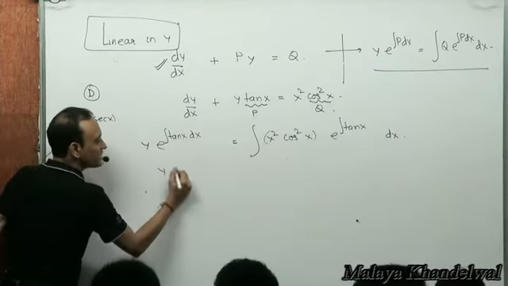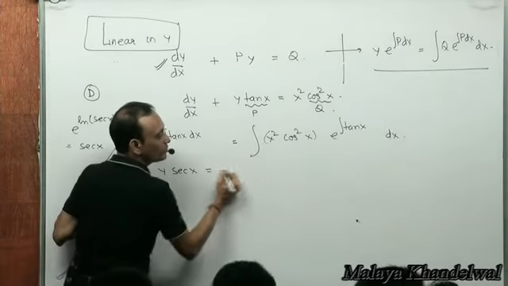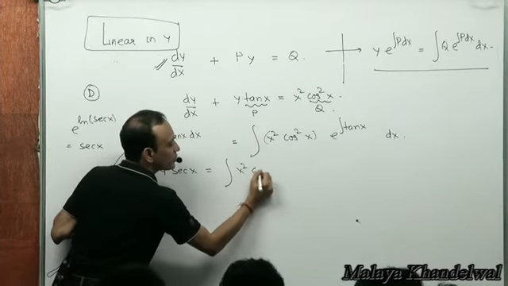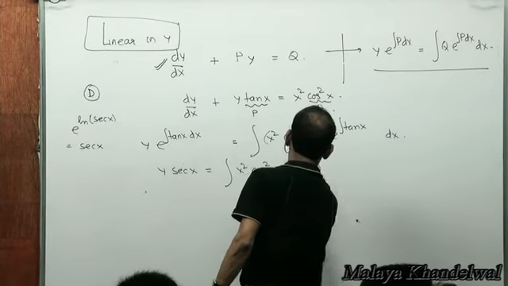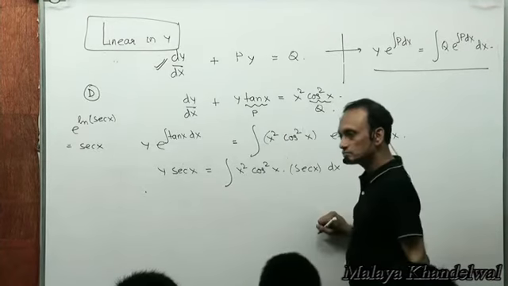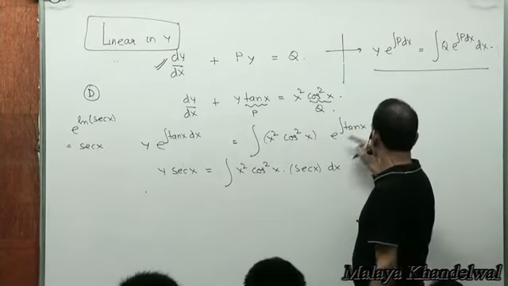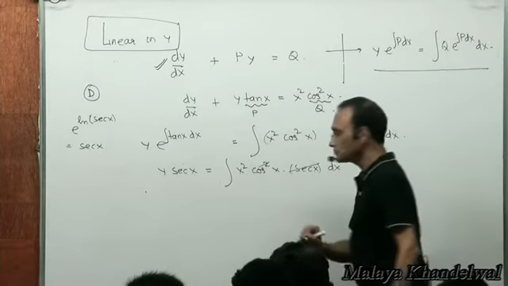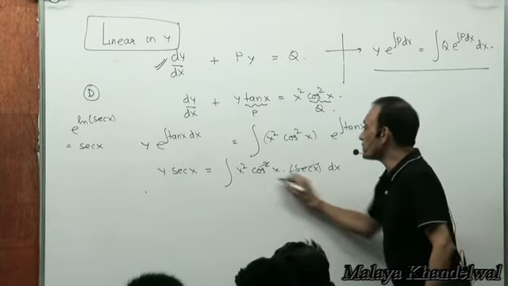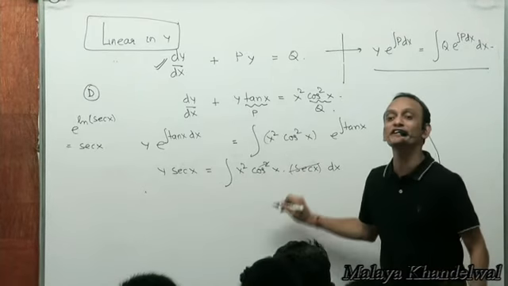So this will become y sec x = ∫x² cos² x sec x dx. Yes or no? x² cos x is all that you need to integrate. How do you integrate that?